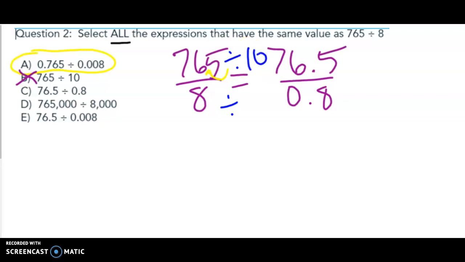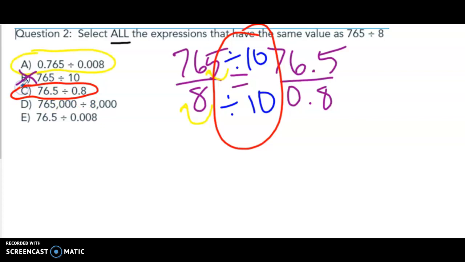Let's see if in our denominator, our divisor, did I divide by 10? My decimal's here. I'm moving 1 place to the left. Yes, I've divided by 10. Well, since I'm dividing by the same factor, yes, this right here, part C, will have the same value. All I've done is changed both the divisor and the dividend.